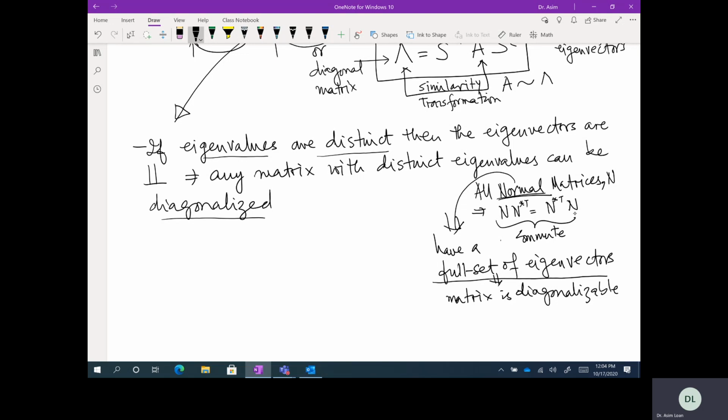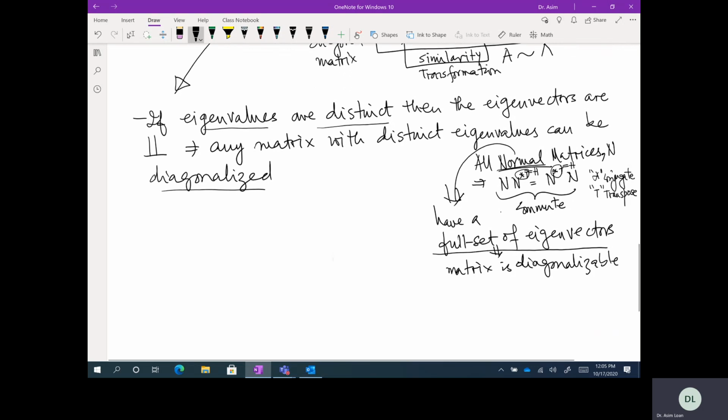Conjugate simply means you reverse the sign of the imaginary part, and T is transpose. Together they are called the Hermitian operator, so instead of conjugate transpose I can write the Hermitian operator. You need to wait until probably the last or second last video in this chapter, and we'll see what normal matrices are.